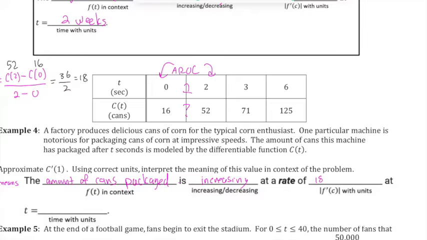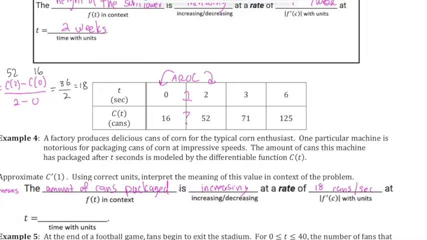It's 18. Again, it's y over x, so cans per second. And again, this can mean per, the divided by. At t equals 1, but again, don't just put 1, you have to put the units. So we'll say 1 second.